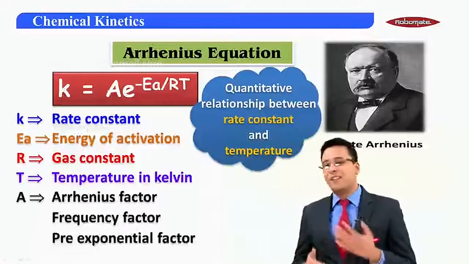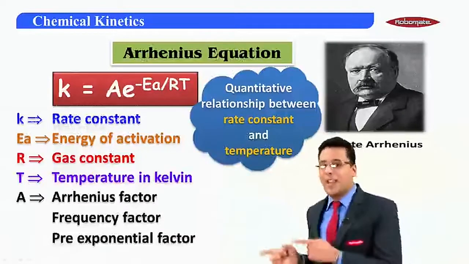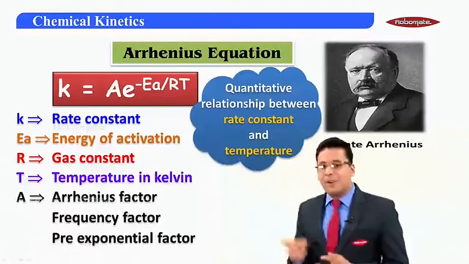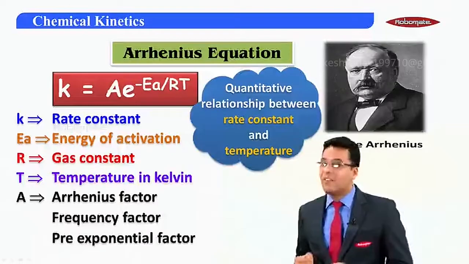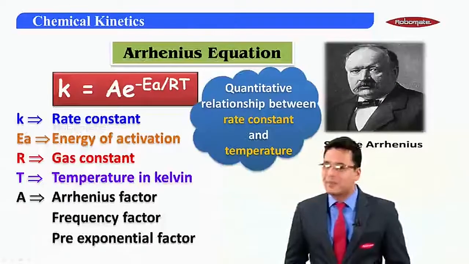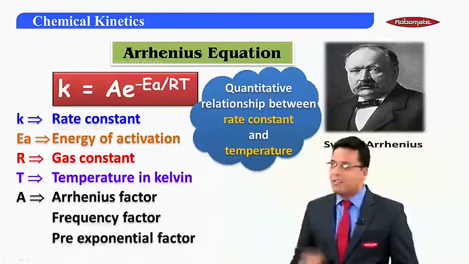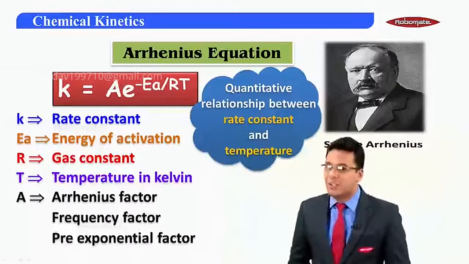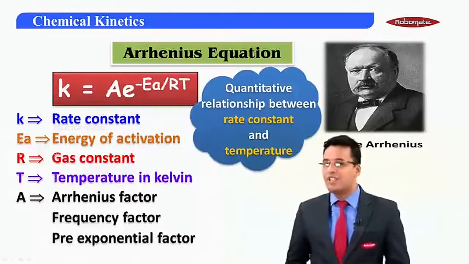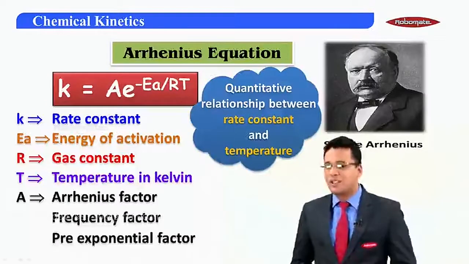There is no physical significance of A as such, but we will discuss more about that when we study collision theory. For now, remember this equation, the Arrhenius equation. It gives you the relation between temperature and rate constant.